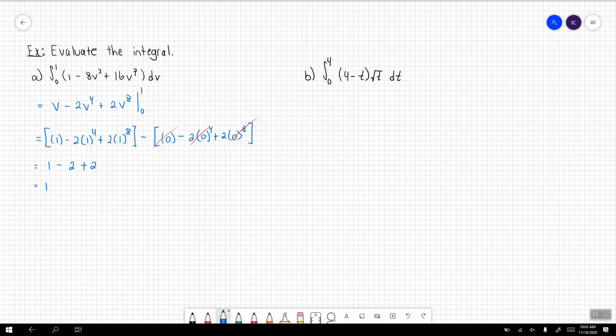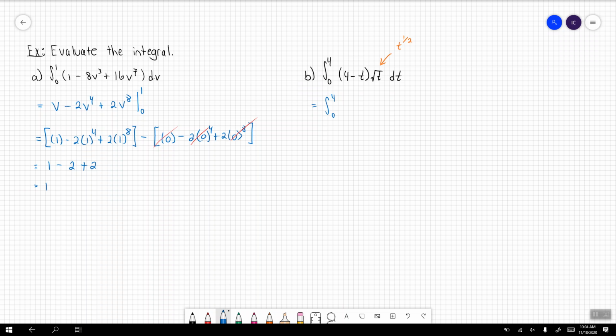So here, what I'm going to do is distribute the square root of t into that binomial. I'm going to treat the square root of t as t to the power of 1/2.